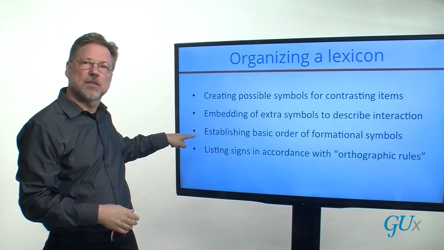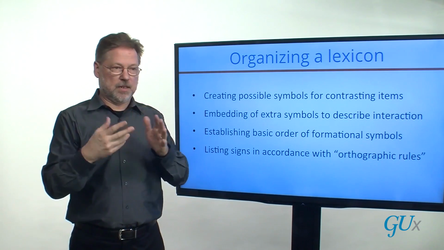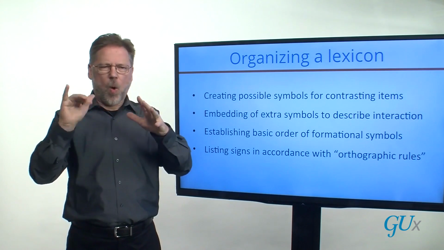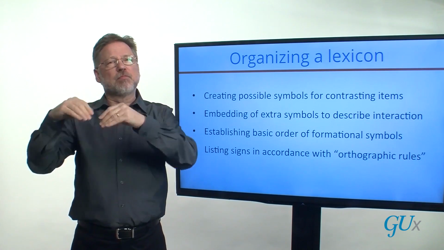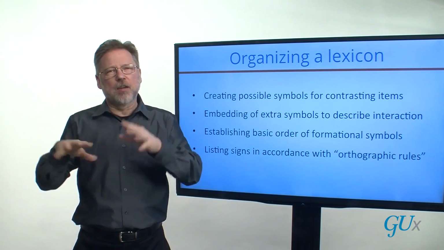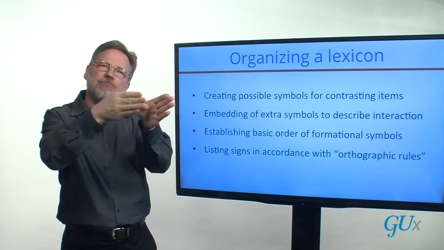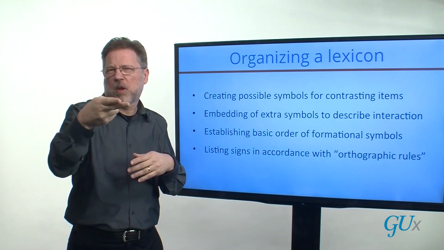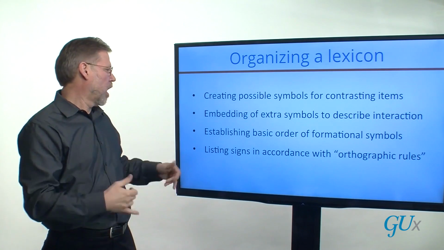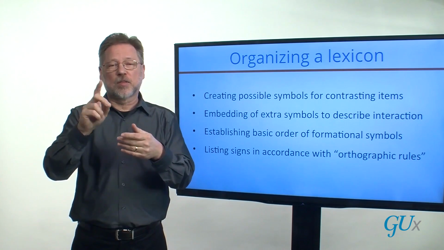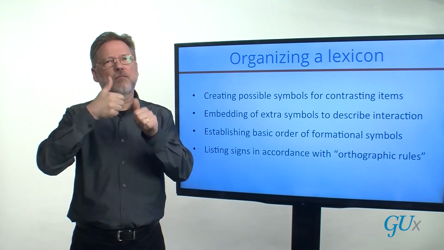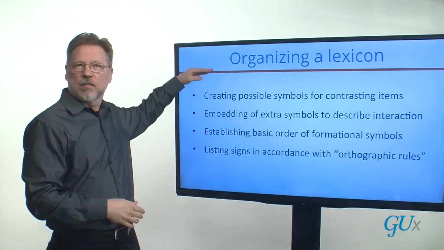Next, using multiple symbols would require establishing a basic order to help organize such a large number of signs, much like in orthography. Finally, a dictionary could be organized by sign forms using these principles.